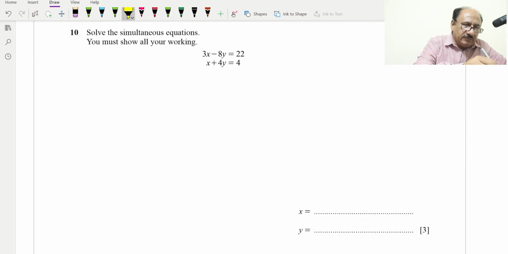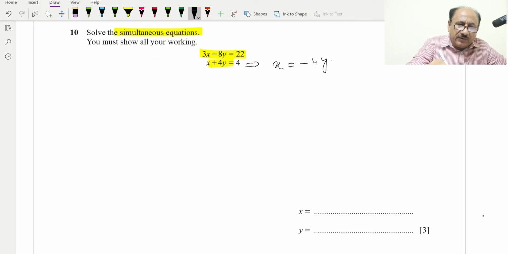simultaneous equations, and we have to solve these two simultaneous equations, and we can see the coefficient of x is 1. So we can use the substitution method or elimination, whatever you like. So I will be using substitution. So the second equation implies x is equal to minus 4y plus 4, and this value we will replace in the first equation.